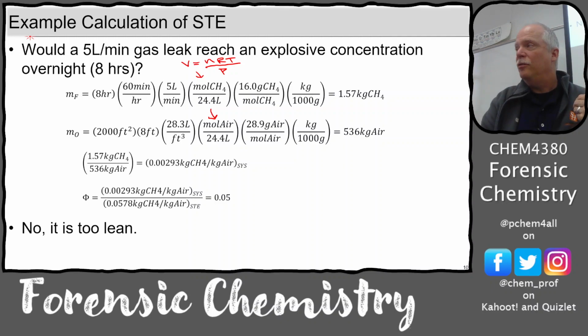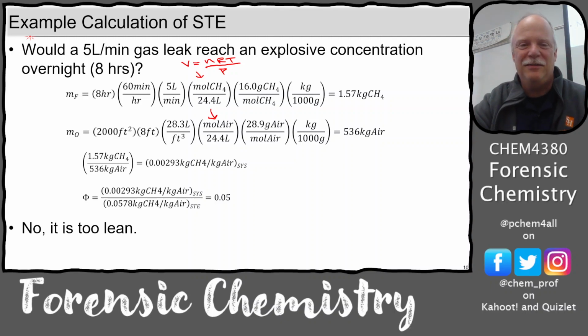It's dangerous though, because somewhere between the rich fuel area and the lean fuel area is the Goldilocks zone. So you don't want any combustion sources near the windows or the doors of this house, because that's where you're going to pass through the explosive area. You want to be very careful opening those doors. You don't ring the doorbell with a little spark.